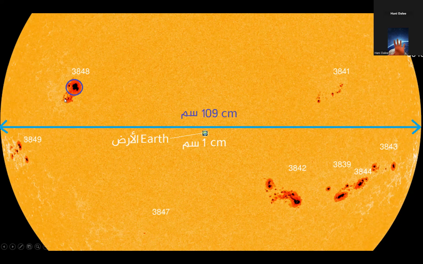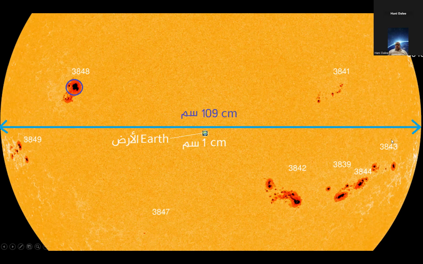I just took a screenshot. I enlarged the photo till it touched the two sides of the screen. I added a circle around the targeted sunspot, and I suggested that this is the diameter of the sunspot.